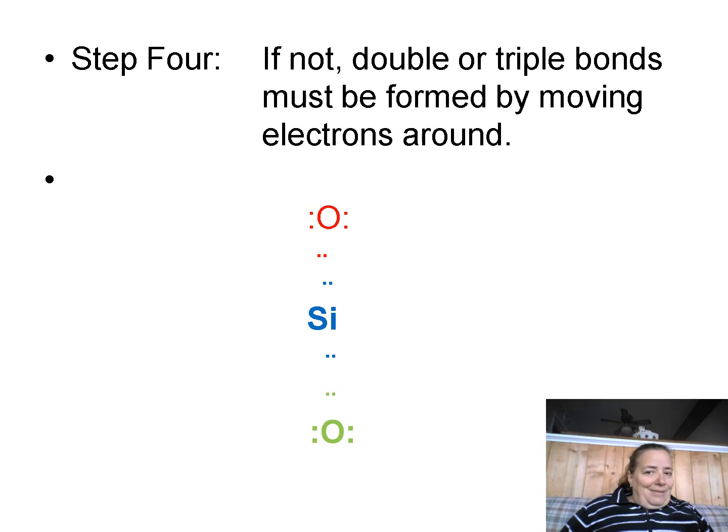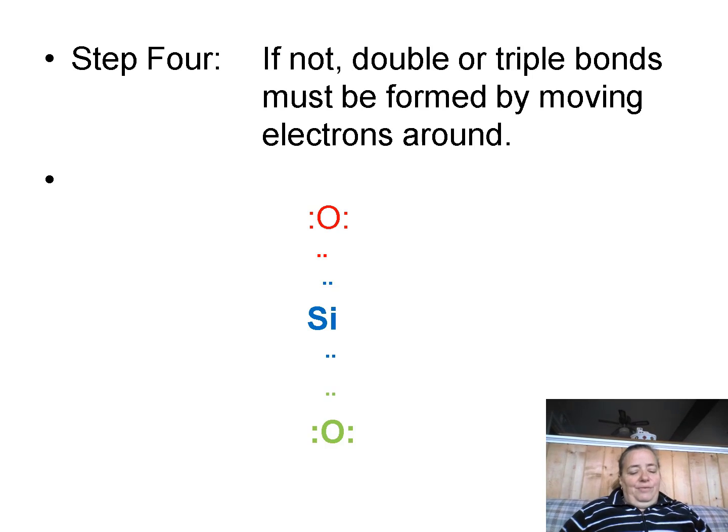So it's not enough around any of them. None of them are stable. So what I had to do is take some off the sides of the silicon and move them into the middle with the ones already being shared. And then I had to take one off the oxygen and move it to the middle.